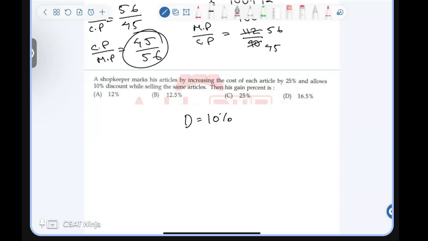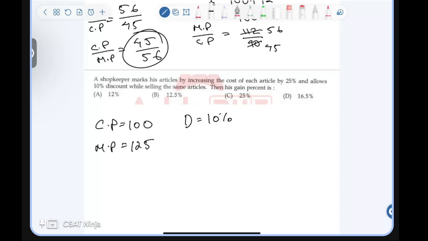A shopkeeper marks his article by increasing the cost of each article by 25%. So it's like this: if the cost price is 100, then the mark price is 25% more than that, which is 125.